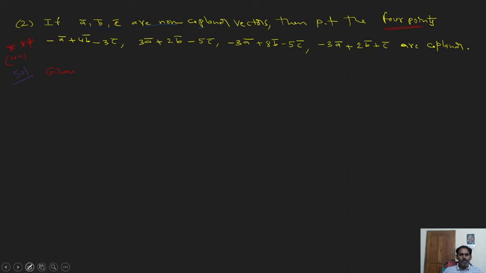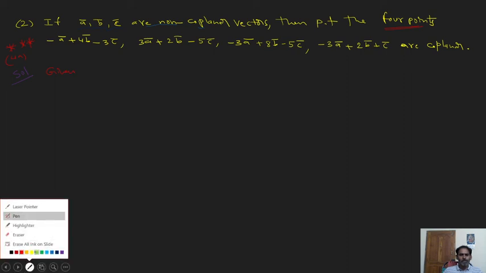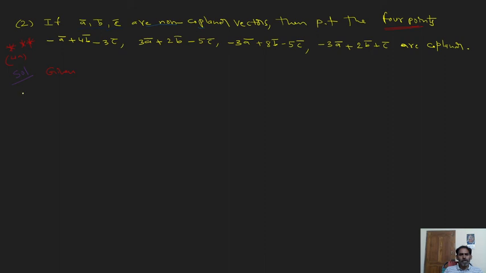OA bar equals minus A bar plus 4B bar minus 3C bar. OB bar, 3A bar plus 2B bar minus 5C bar.